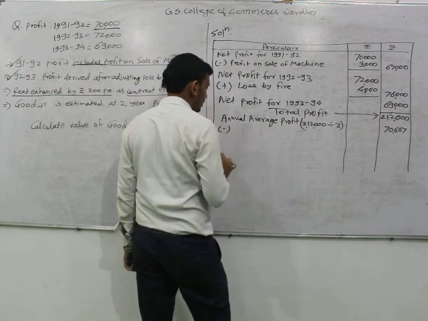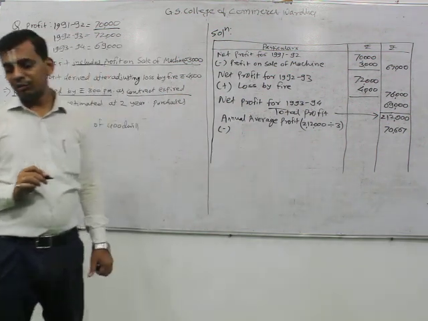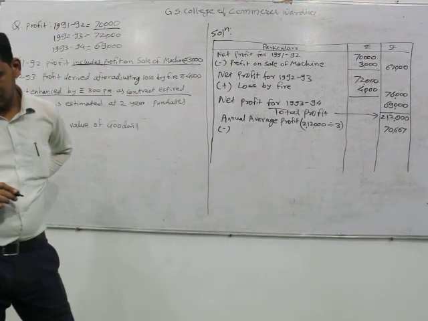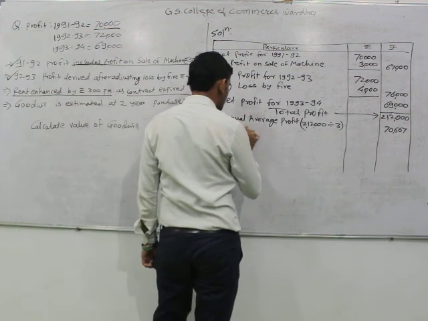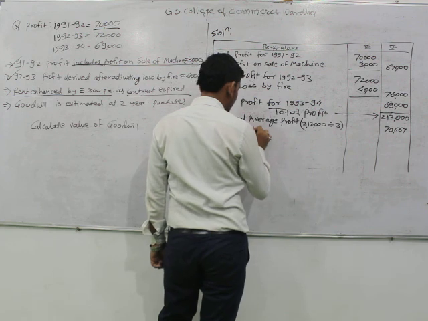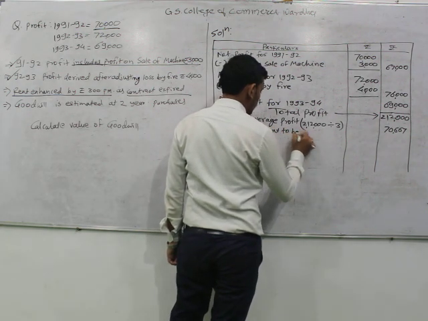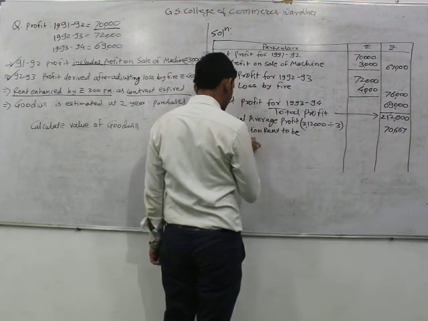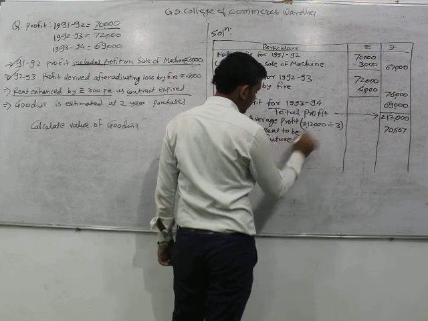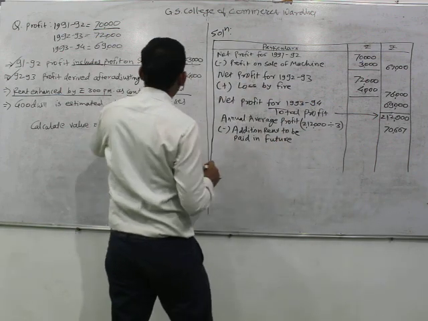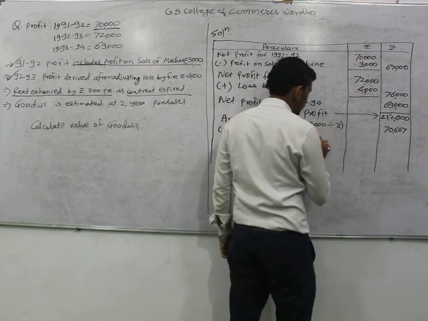Hence we have to deduct it by the name of adjustment or additional rent to be paid in future. Why is it to be paid in future? Because the contract has expired, hence there would be an enhancement of rupees 300 per month.